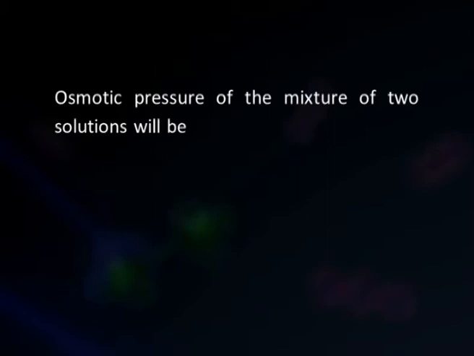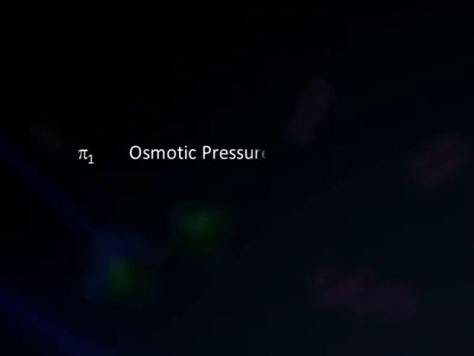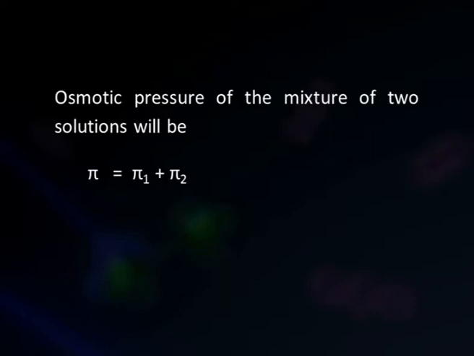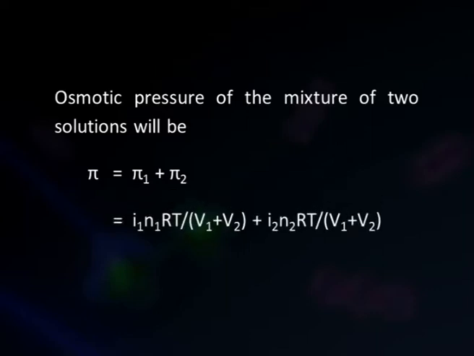The osmotic pressure of the mixture of two solutions will be equal to π1 plus π2, where π1 is the osmotic pressure of the first solution and π2 is the osmotic pressure of the second solution. Now the resultant osmotic pressure will be equal to i1n1RT upon the total volume, that is V1 plus V2, plus i2n2RT upon the total volume V1 plus V2.